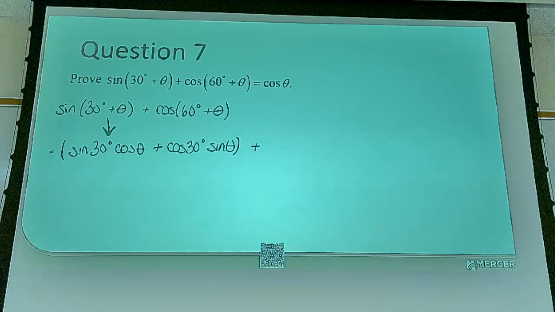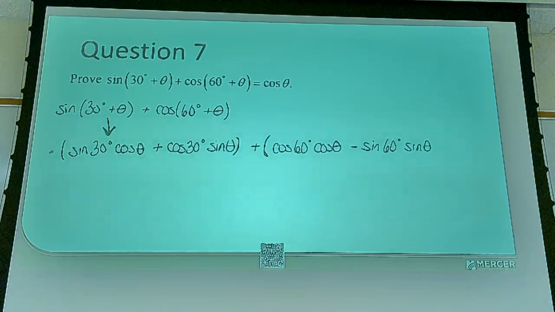Sum identity for cosine. So the cosine keeps your cosines and sines together, and the operation is the opposite. This would give us cosine of alpha, cosine of beta, minus sine of alpha times sine of beta.